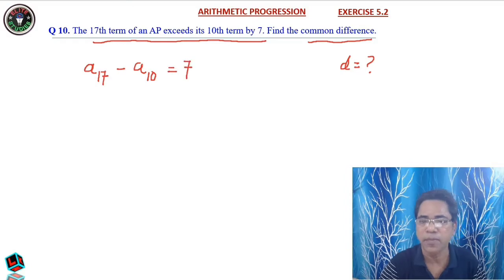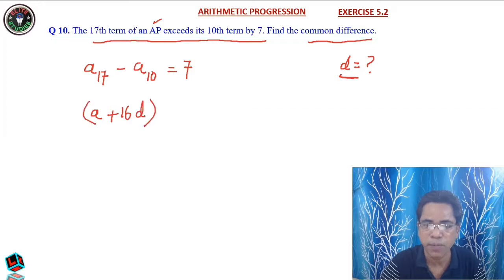Okay. Now here is the equation. From this equation, we can easily get the value of d. What will be a17? You can directly write, because it is the same AP. In the same AP, a and d will be the same only. There will be no difference. So a17 will be a plus 1 less than 17, it will be 16d. Okay, dear students.